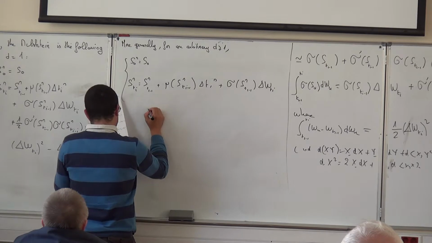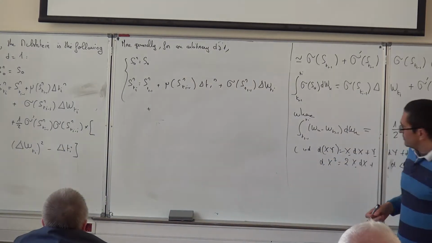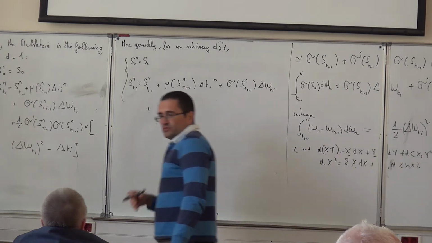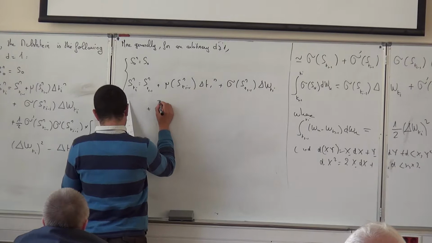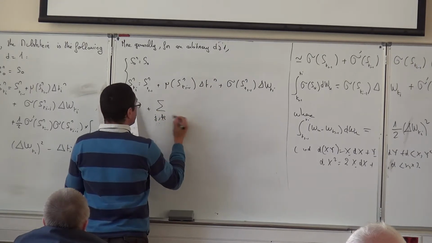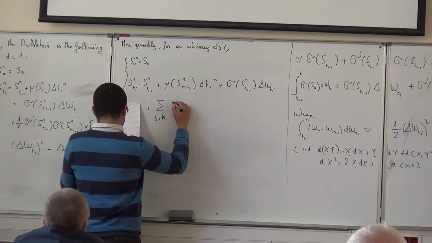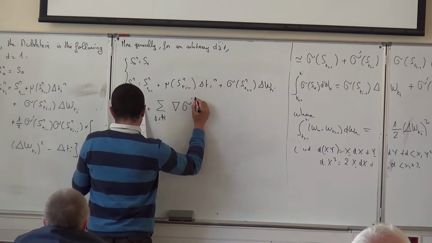And then now we need to take into account the different quadratic terms, so you get the sum over j, k of the gradient of sigma dot j.